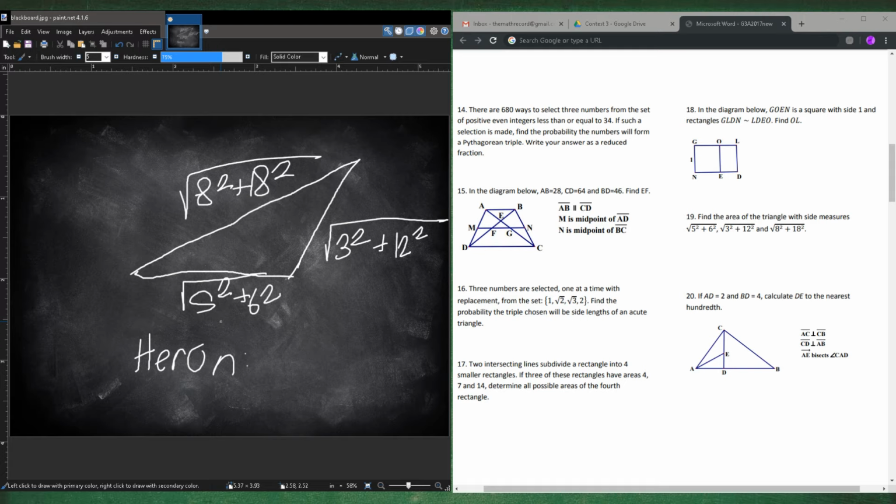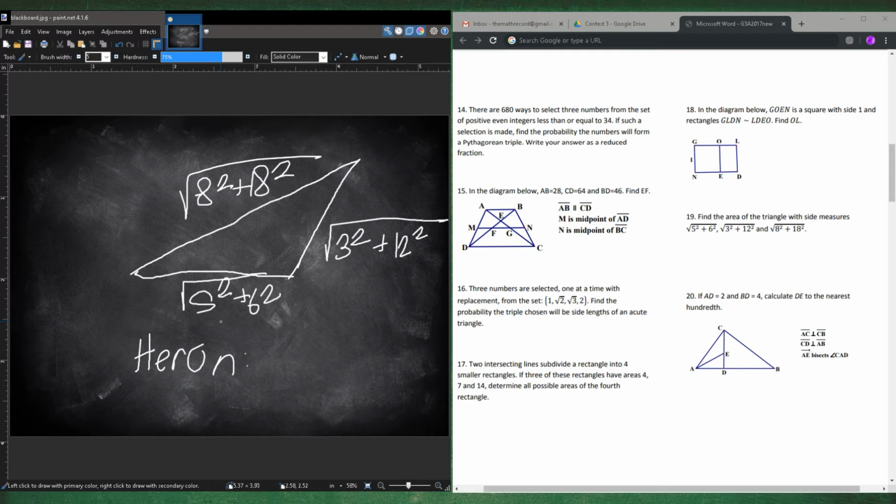So basically, let's just find the 3 side lengths. Find all those numbers in decimals. Don't round, just keep it in your calculator. With those numbers, add all 3 together and then divide by 2.